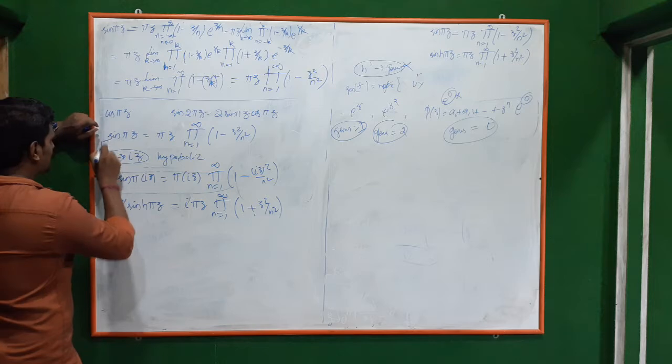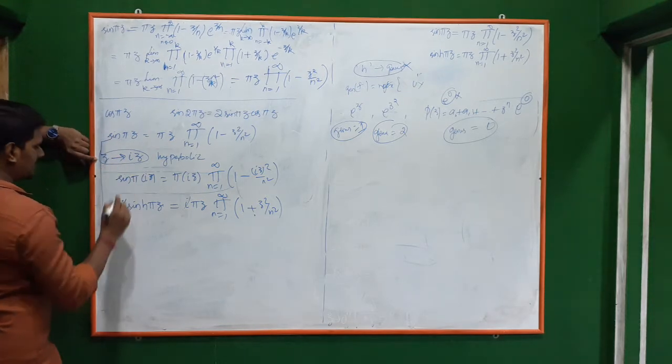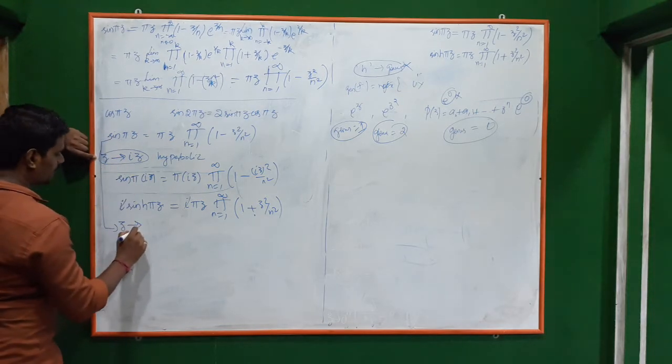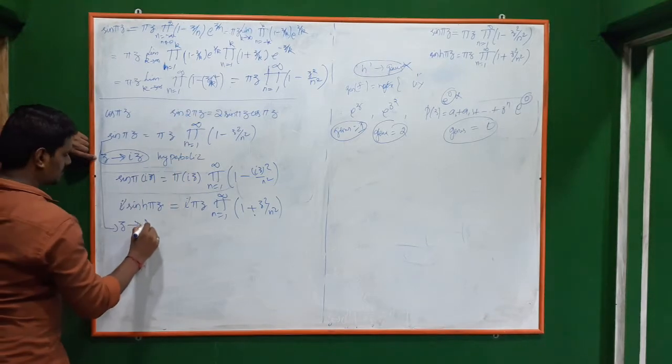For cos, do the same thing. In this, instead of replacing z by iz, replace z by 2z.